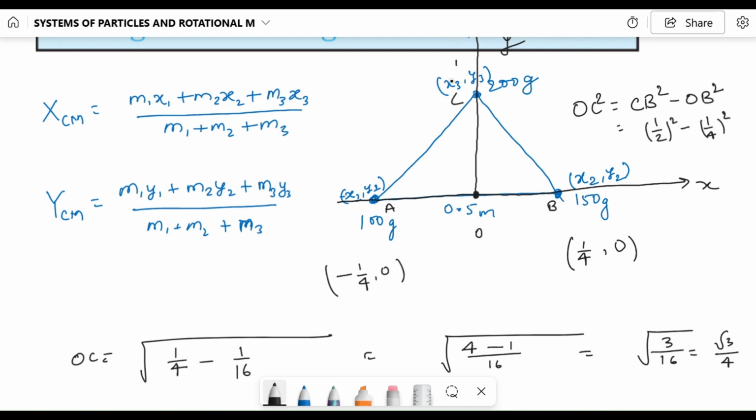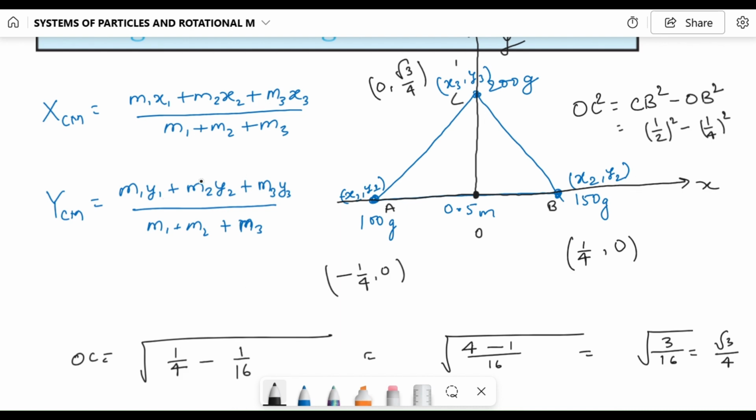x3 will be 0 because on the y-axis, the x coordinate will be 0. So x3 will be 0, and y3 we have just obtained here, that will be root 3 by 4. Now it's time to solve for x of center of mass and y of center of mass.